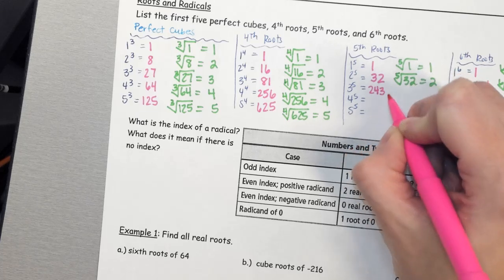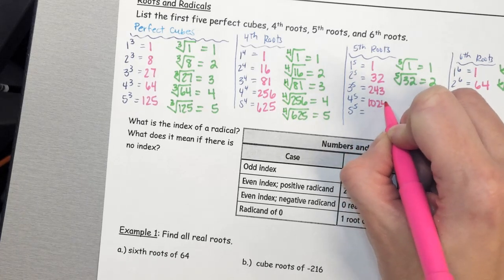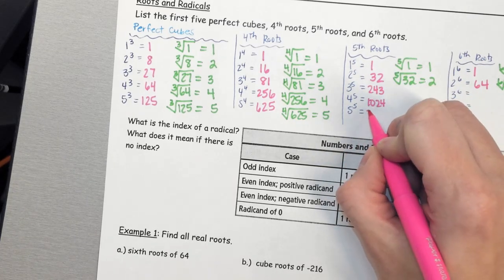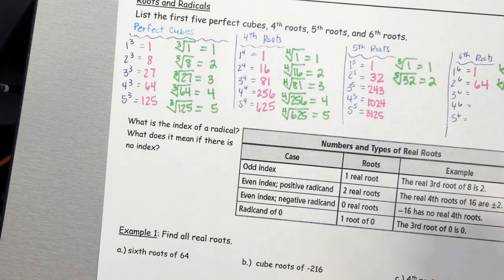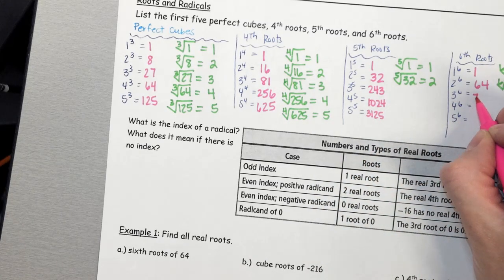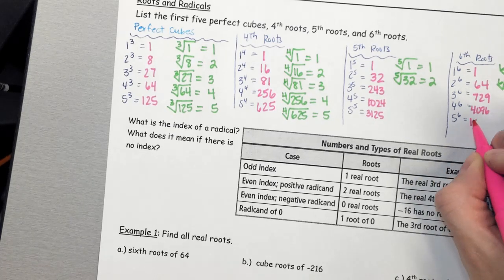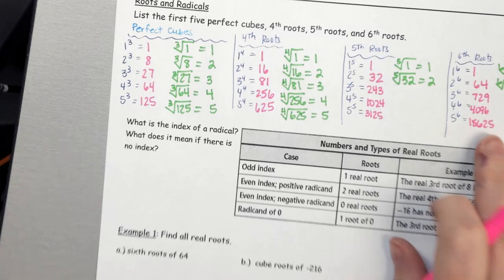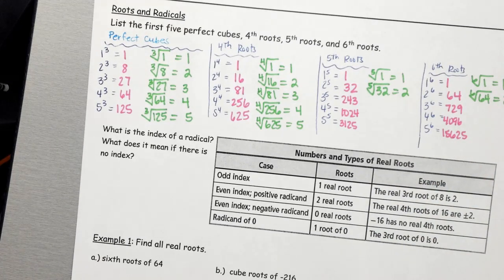So we should have got 243, 1024, and 3025. And then here we had 729, 4096, and 15625. Okay, like this number 5 to the 6, we're not going to be doing a lot of work with that.